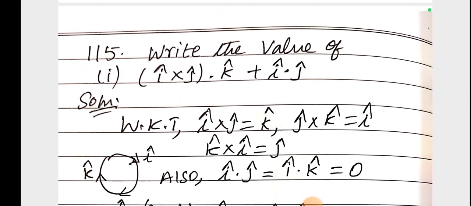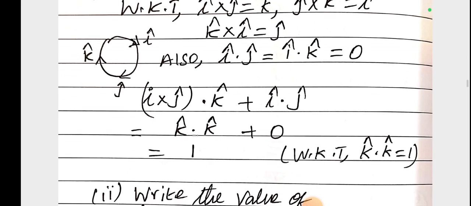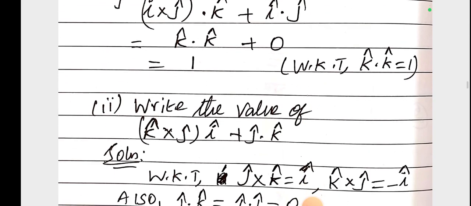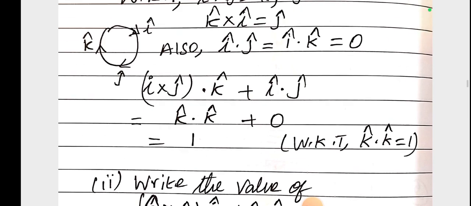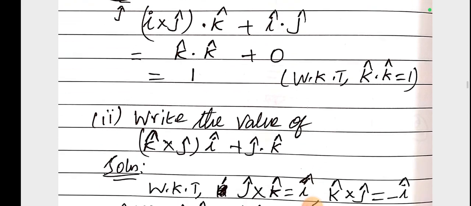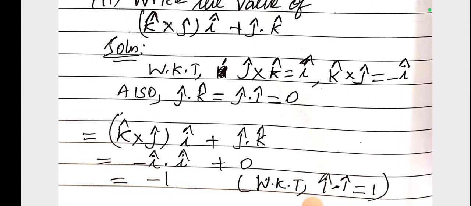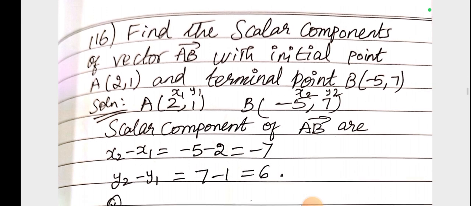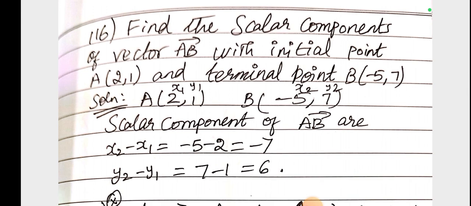I, J, proper order, then the answer is 1. J, K, proper order, 1. K, I, like that, 1. But if reversed, K, J, or J, I, or I, K, like that, the answer is minus 1. So only two options. Easy.